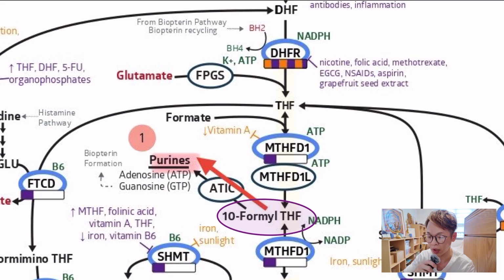10-formyl tetrahydrofolate is involved in purine synthesis, which is the production of ATP and GTP. And ATP, as we all know, is our body's energy currency. And GTP leads to the production of BH4, the biopterin, which is a precursor for making neurotransmitters like dopamine and serotonin, and also the production of your nitric oxide.